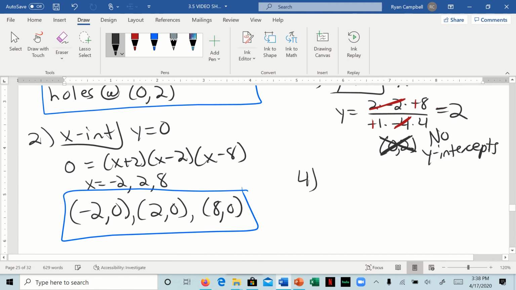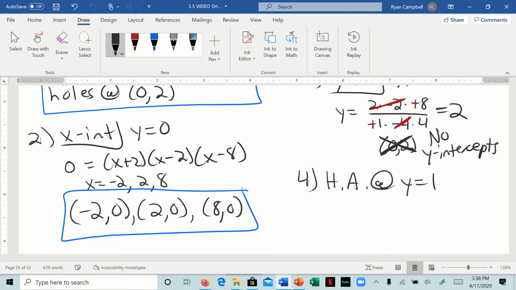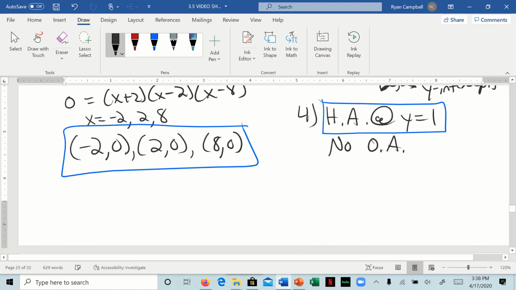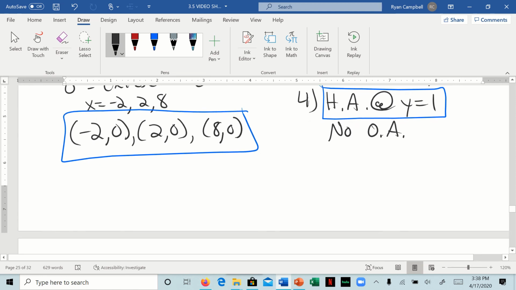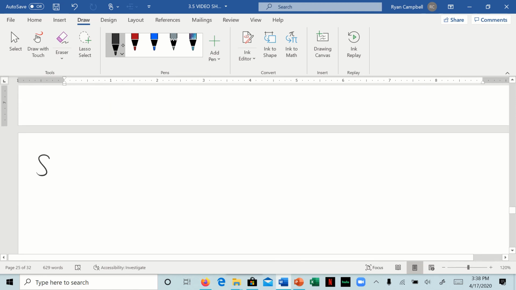Number 4, horizontal asymptotes. Remember we had one at y equals 1, and then we had no oblique asymptotes. So step 5, since we had a horizontal asymptote at y equals 1, we have to ask ourselves, does that ever cross?